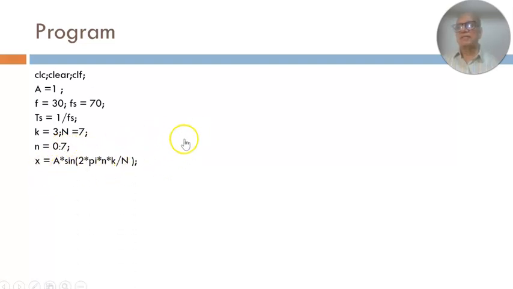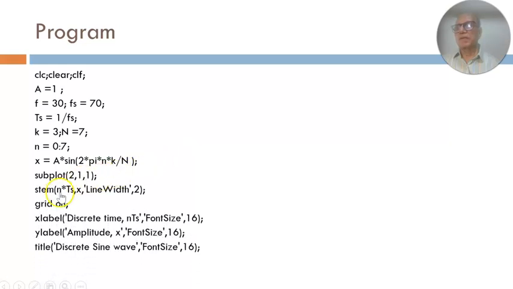Then calculate X. Then when you are plotting on the x-axis, instead of just plotting n, we are plotting n into ts. Remember, we wanted to verify that particular equation. That is why we are doing it. The rest of the things are similar. So x label, y label, title, etc. So this part of the program generates the discrete sine wave and plots it.